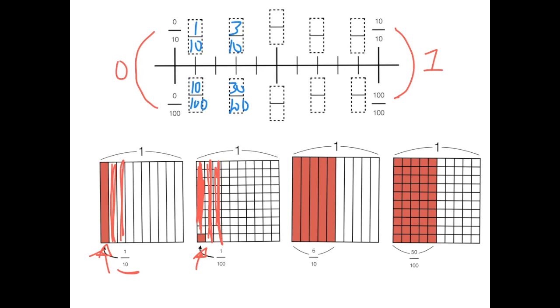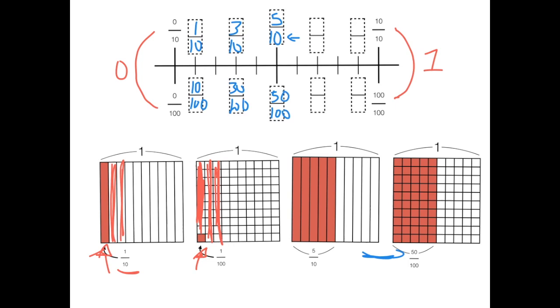Now to represent a half, which I've done in these two squares here, students can visualize the rectangle or the whole, but they should also see the relationship between the numerator and the denominator. If I'm working with tenths, with a whole cut into 10 pieces, a half of 10 is 5. And if I'm working with hundredths, a half of 100 is 50.